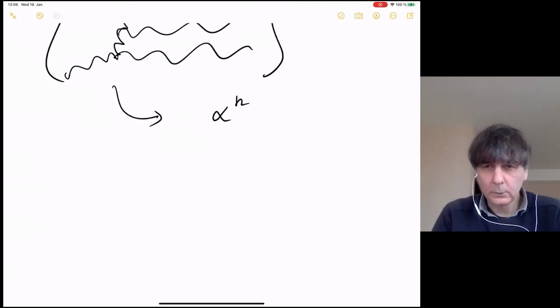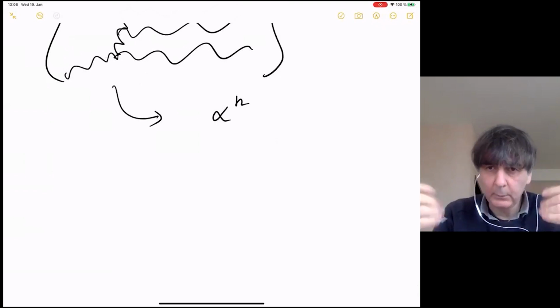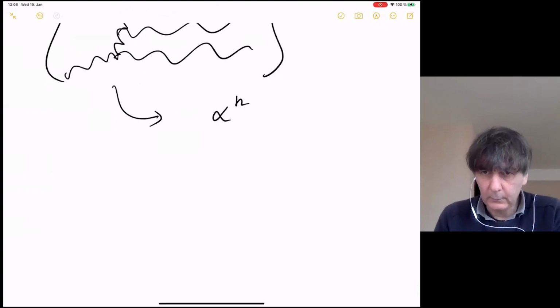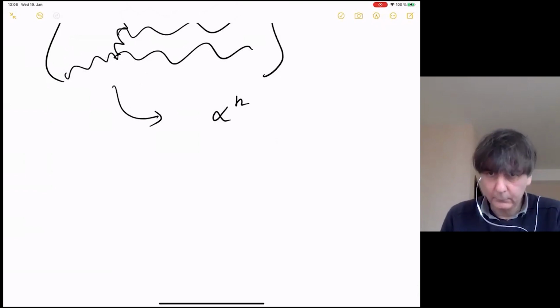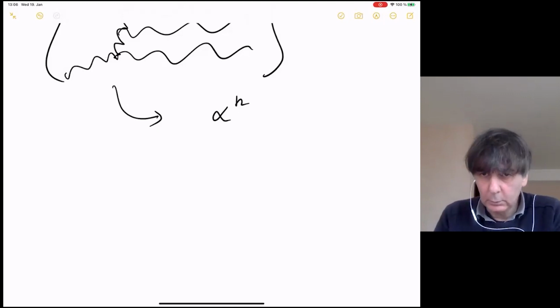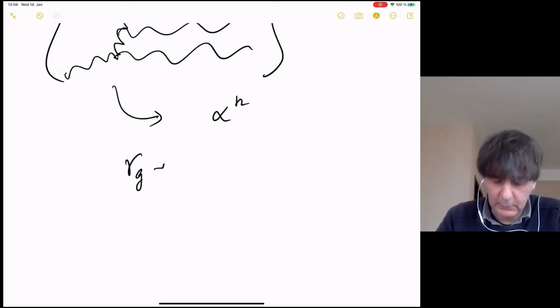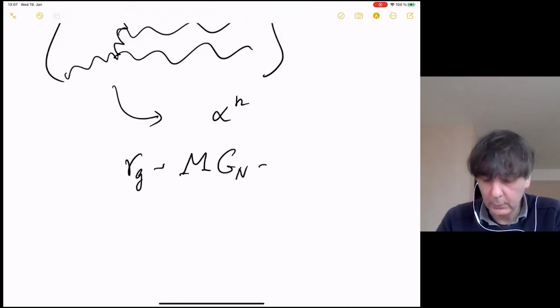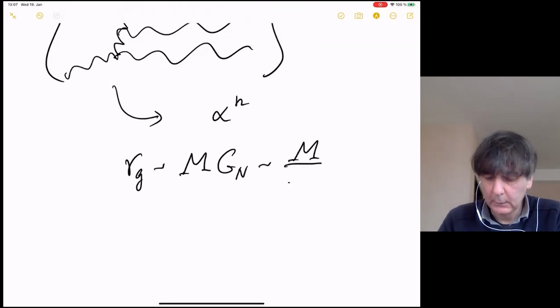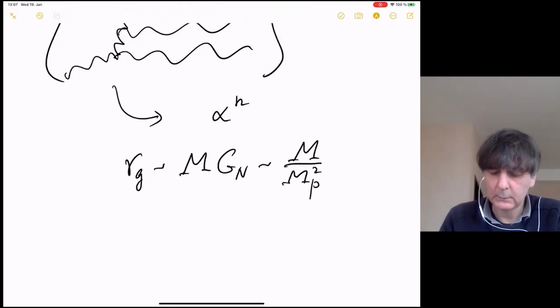The first thing we noticed is that the expansion around the source is an expansion in G Newton times the mass of the source, which is the gravitational radius of the source, mass times G Newton, or the mass of the source divided by Planck mass squared.